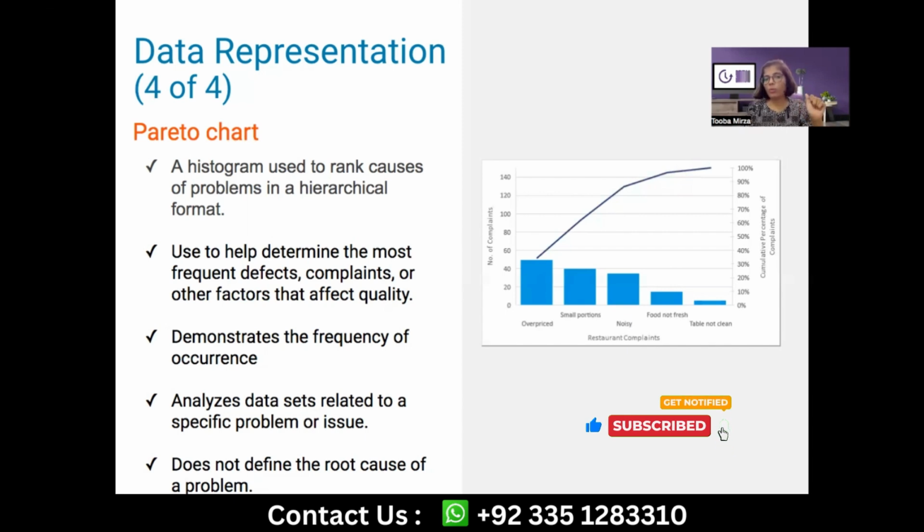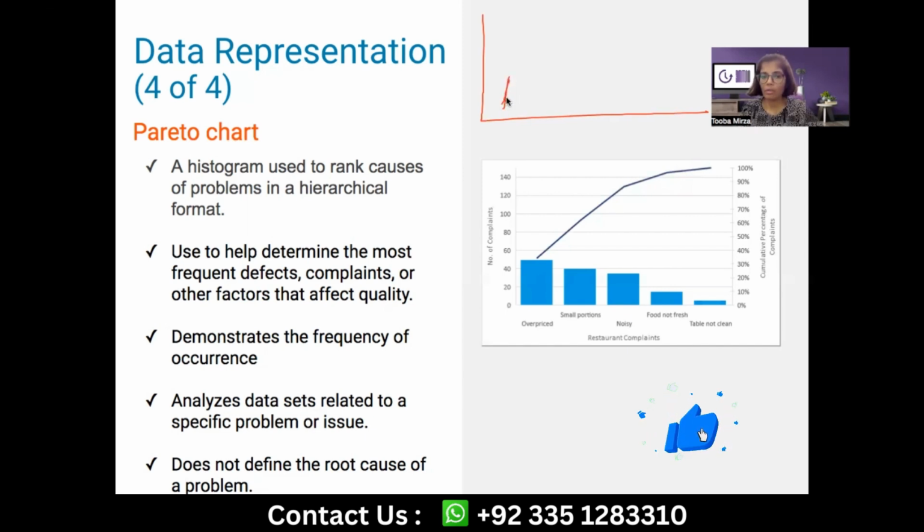A Pareto chart with respect to quality is again a data representation, and it's a bar chart representation. Everybody understands what a bar chart looks like. A histogram is a bar chart. Any bar chart is usually termed a histogram.